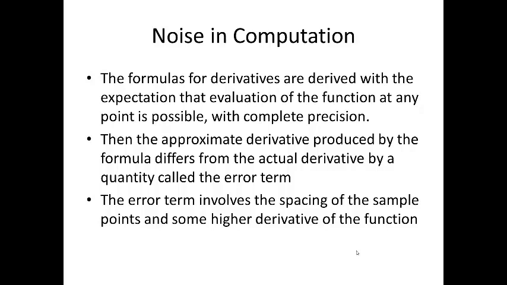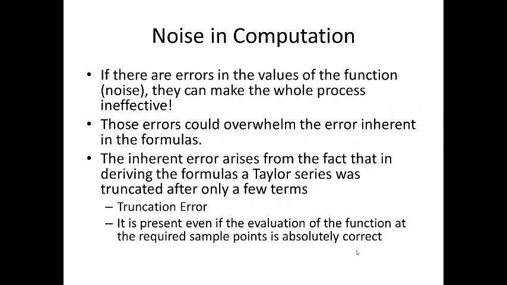Then the approximate derivative produced by the formula differs from the actual derivative by a quantity called the error term. And this error term involves the spacing of the sample points and some higher order derivative of the function. If there are errors in the values of the function, otherwise known as noise, they can make the whole process ineffective. Those errors can overwhelm the error inherent in the formulas.